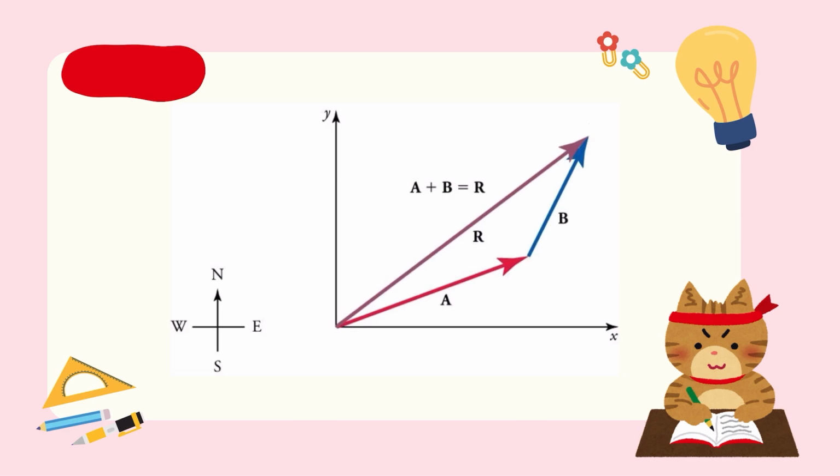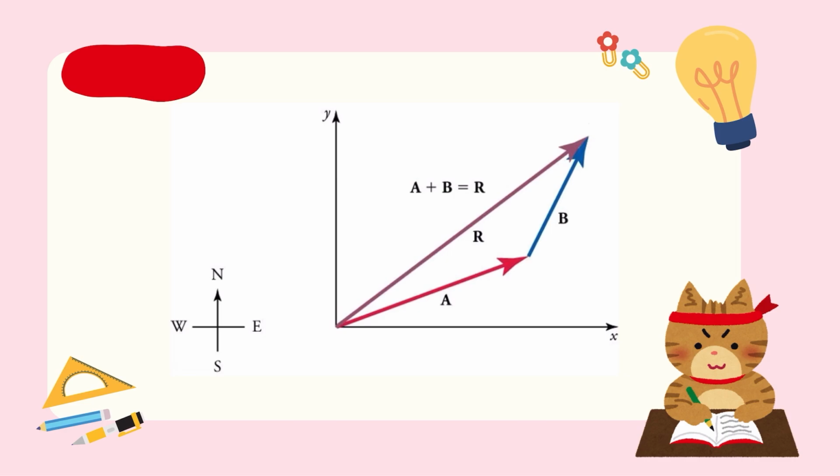As we can see, the resultant of vector A and B. If we want to add A and B up, then we have to make them tail to head. That's how we form a triangle in the vector addition. The result we get is vector R, and it's the other side of the triangle.